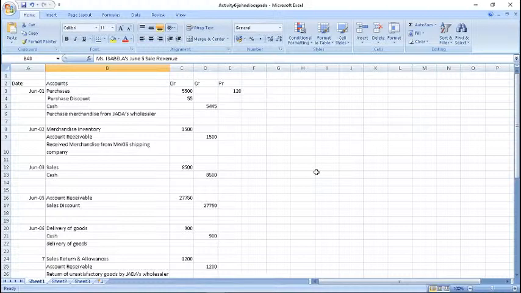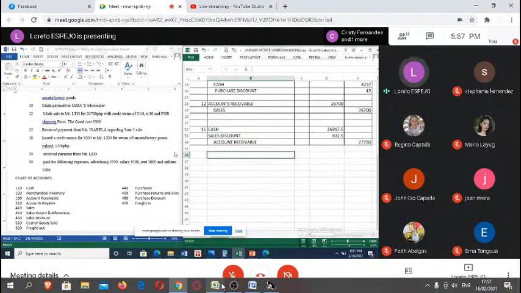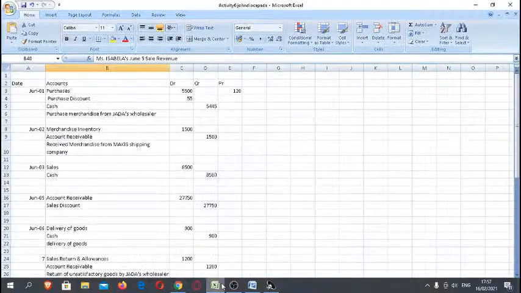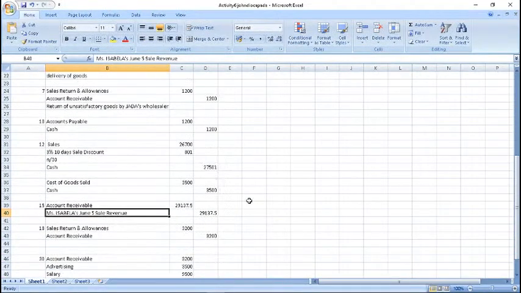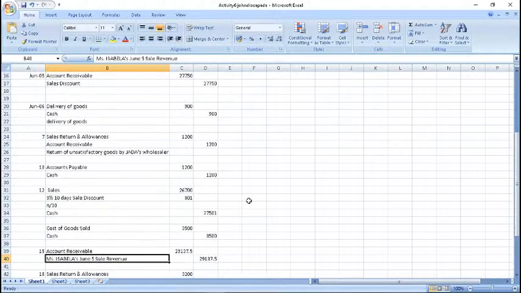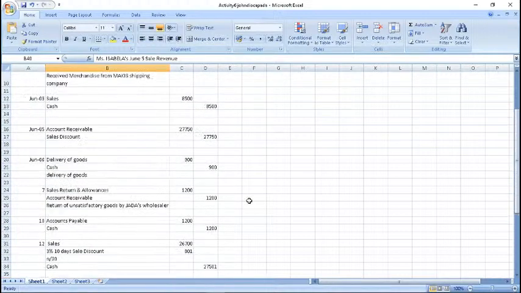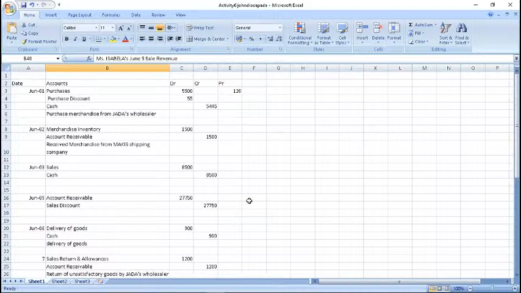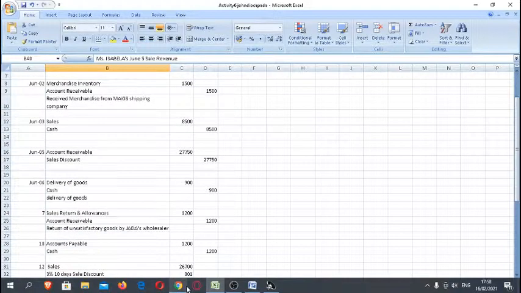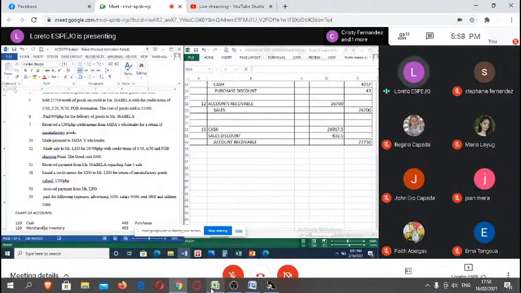Okay. So for June 15 transaction, receive payment from Miss Isabella regarding June 5 sales. So pasok pa rin siya sa kung may 10% discount. So tingnan natin. Nung June 5, nagkaroon ng sales, 27,750. The next thing that you are going to check is if there is a sales returns and allowances.